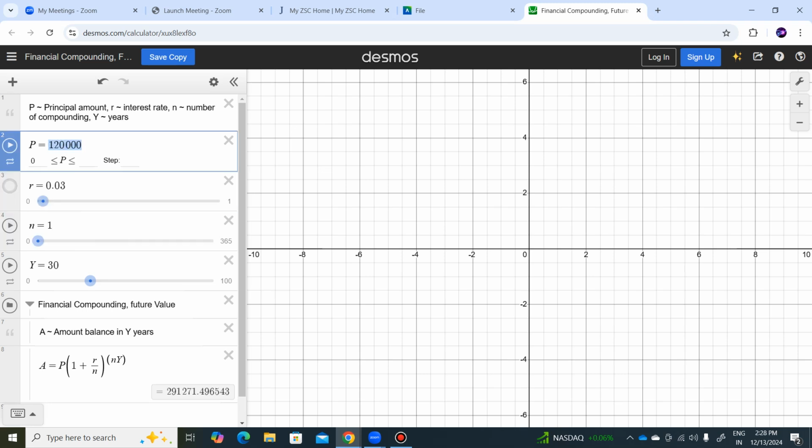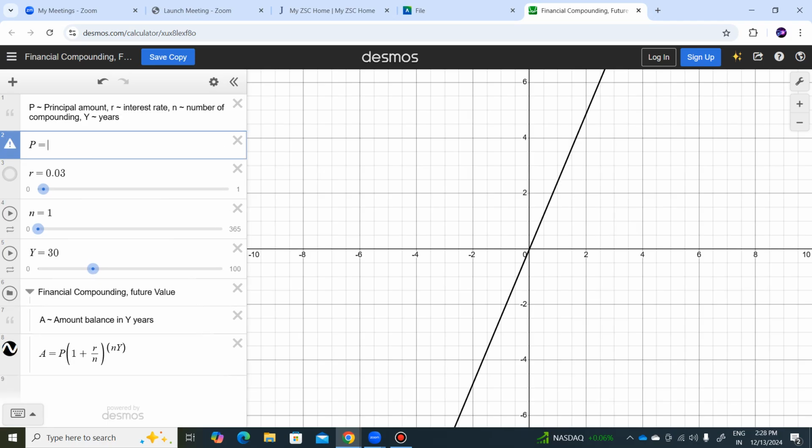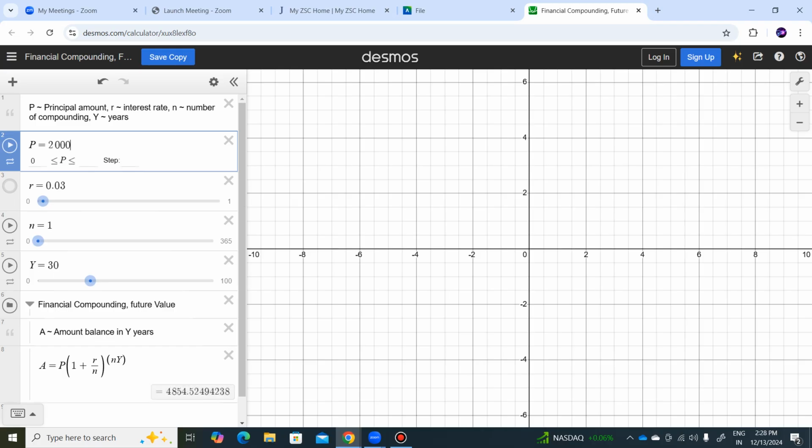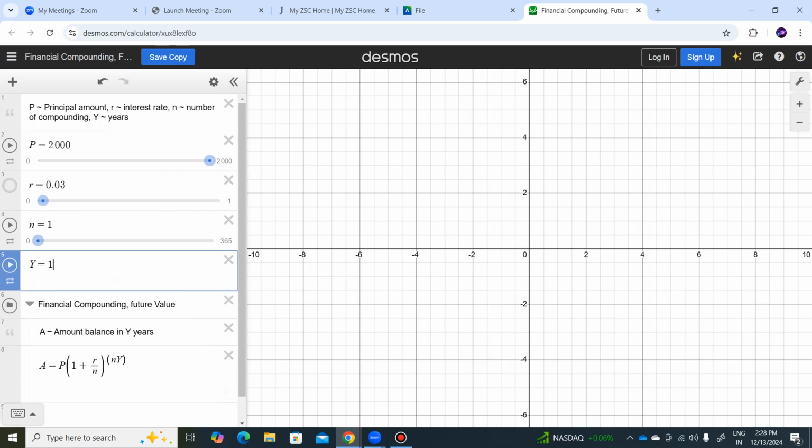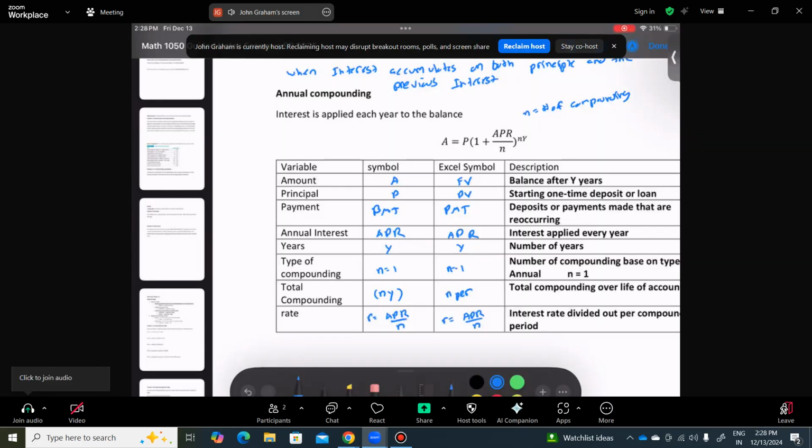And then so let's say we have 2,000 that we invest at 3% interest rate for, let's just say, 10 years. We will end up gaining $687.83 in interest onto that 2,000. So we have in the account $2,687.83. All right, let's go now back to the notes.